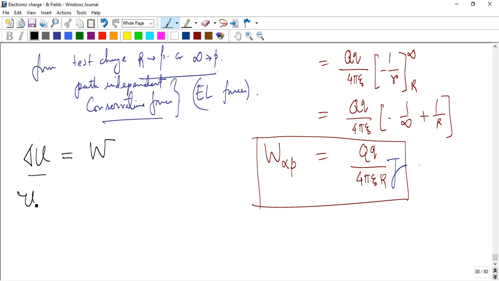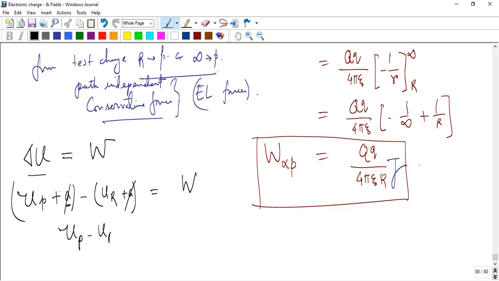Suppose some scalar numeric value A must be added to both UP final and UR initial. When we subtract these two, A cancels and we get UP minus UR equals W.